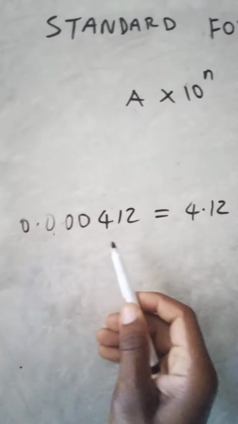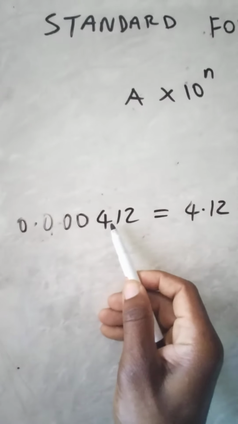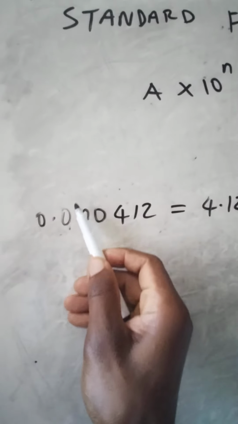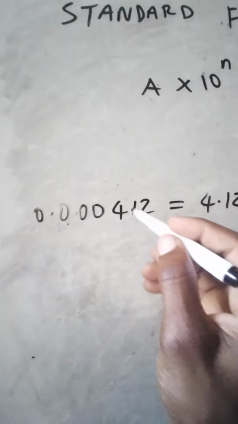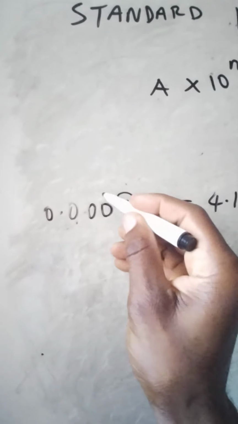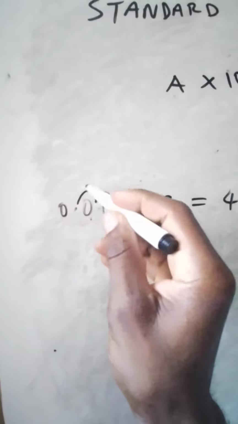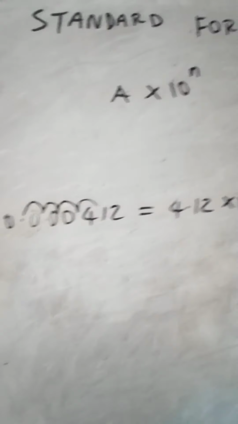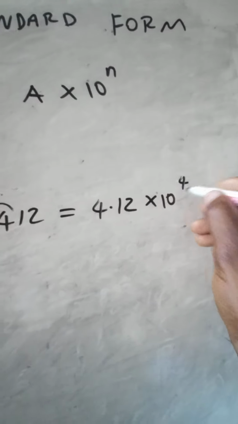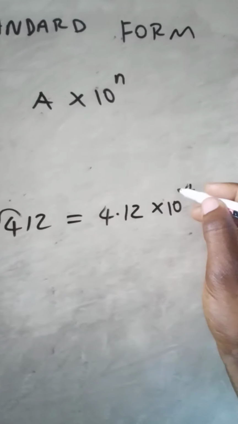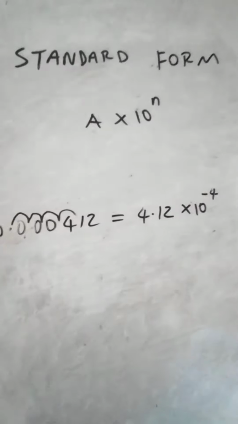The point is here now, so you say, okay, 1, 2, 3, 4. So basically what I did, I jump each number. I move 4 places, and because I went to the left to get back to the original number, it's going to be negative.